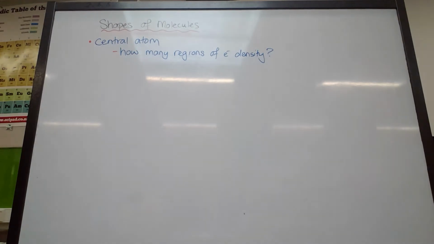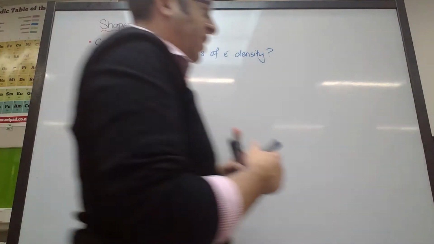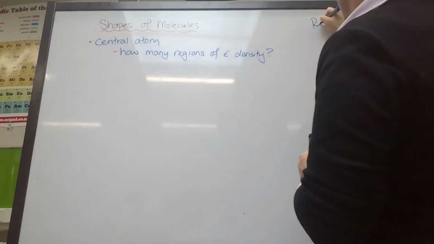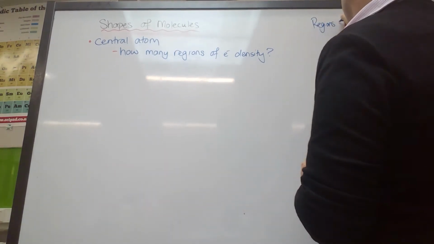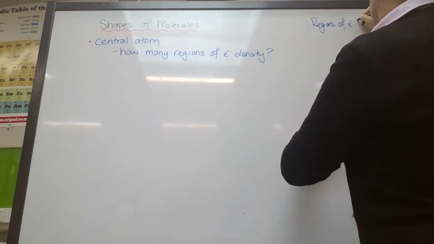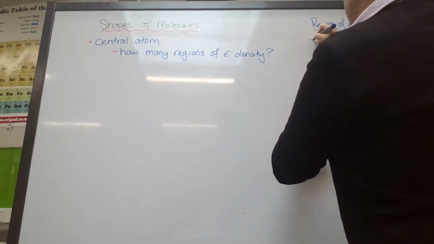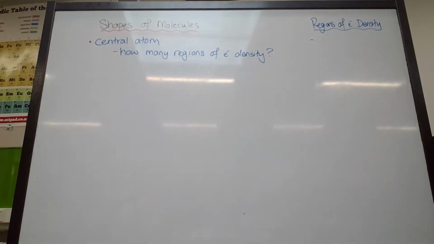What does that mean? Well, a region of electron density is a lone pair of electrons. That would be considered one region of electron density.